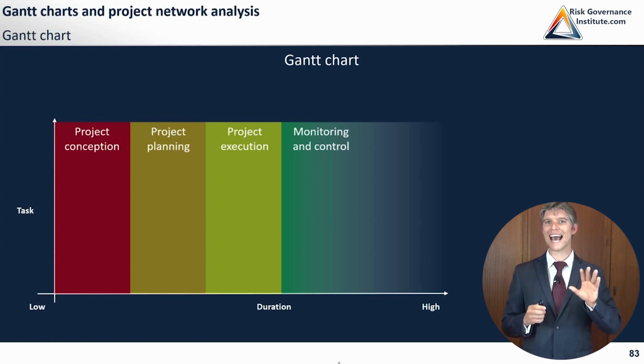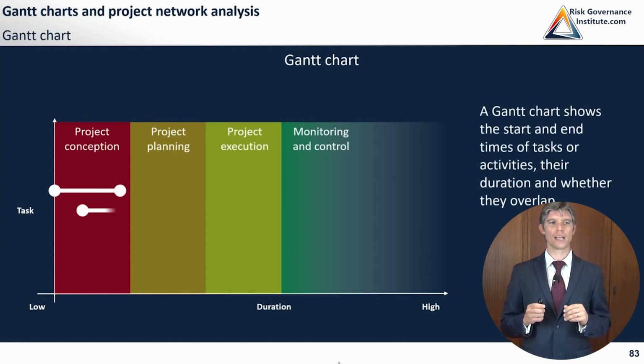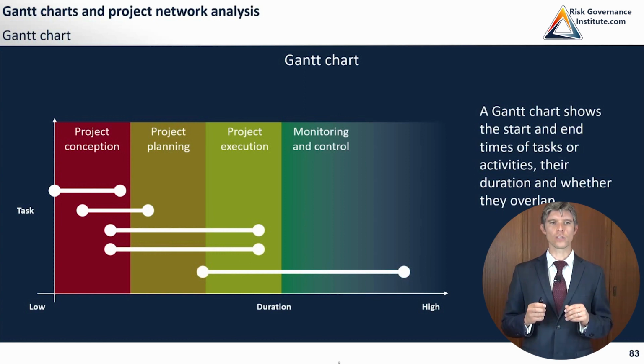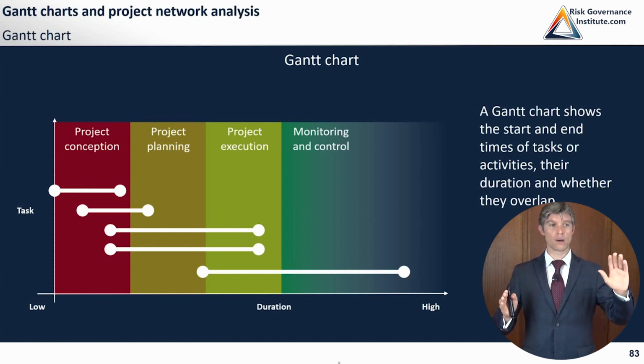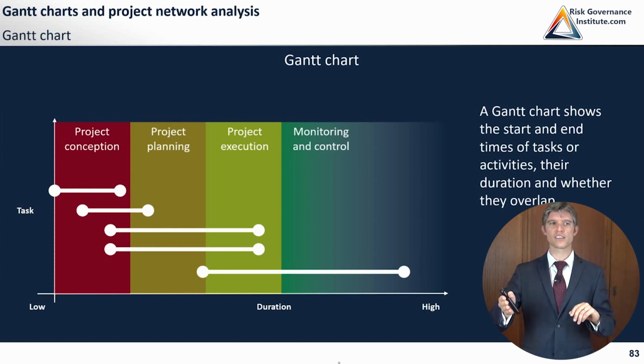Now, here's the part that's actually a Gantt chart, which are these lines. If you didn't know what these lines were, these are the starts and ends of activities. You would have a certain task at project conception, starting at time 0 and ending at time 1, which I guess is the end of conception.